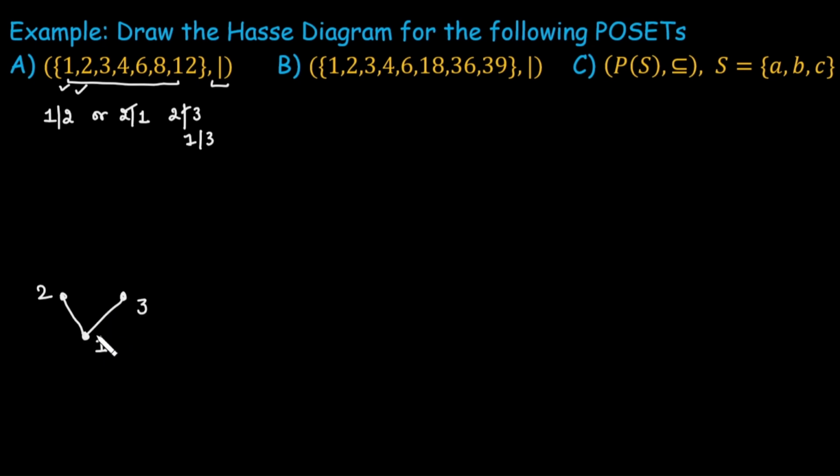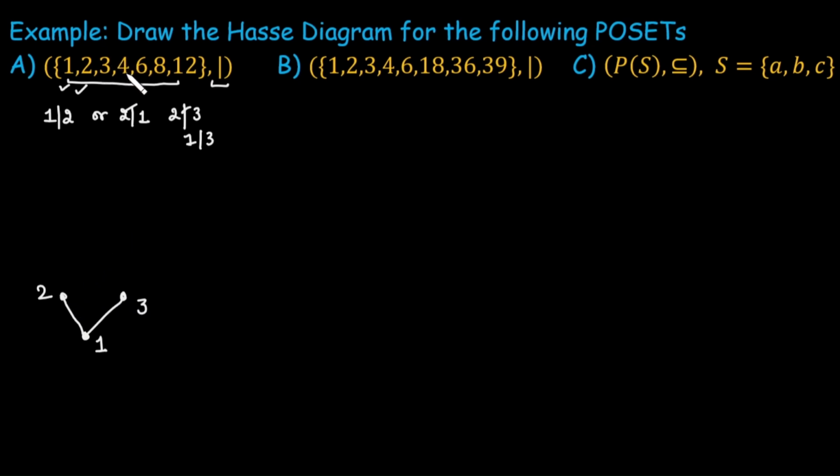You can think like this. This is at the grounded level. Now 2 and 3 both at the first level, but there is no relation between 2 and 3. Means 2 does not divide 3 as well as 3 doesn't divide 2.